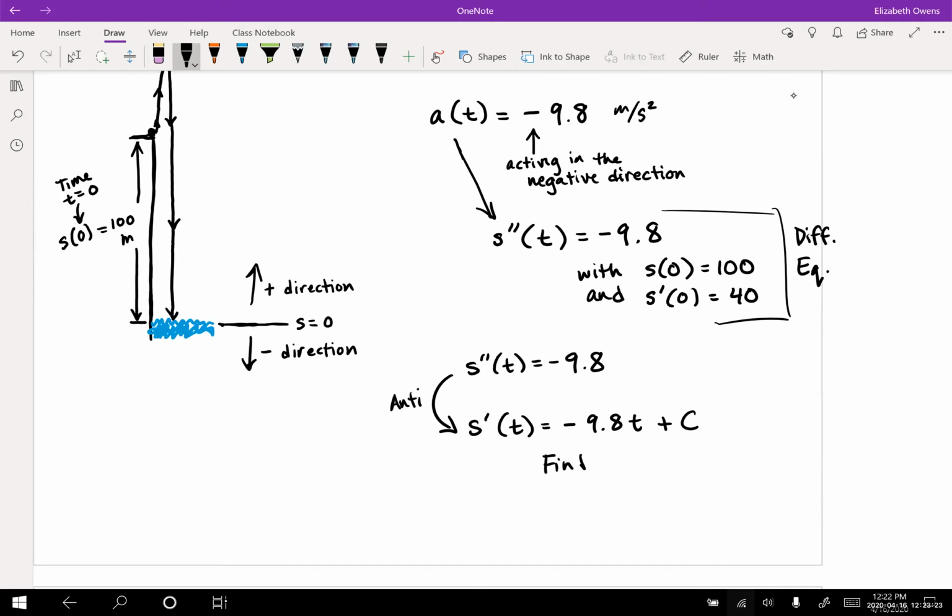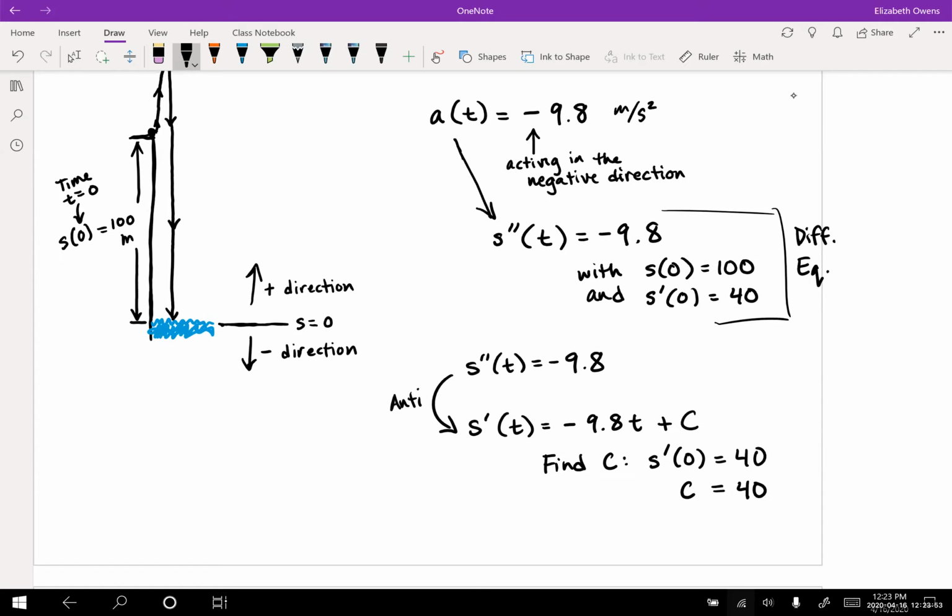So find c. So this is working it through the first way that we did that other problem. So s prime of 0, or v of 0, you could say, equals 40. And, well, s prime of 0 would just be negative 9.8 times 0 plus c. So it would just be c equals 40.